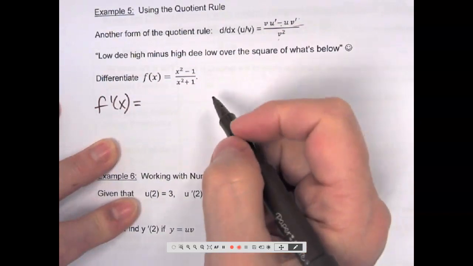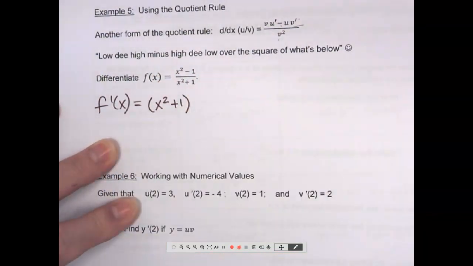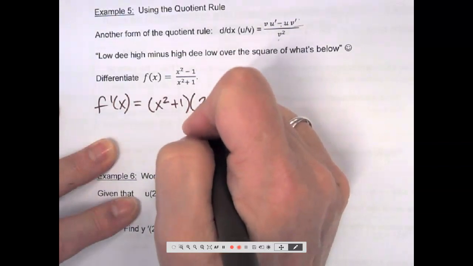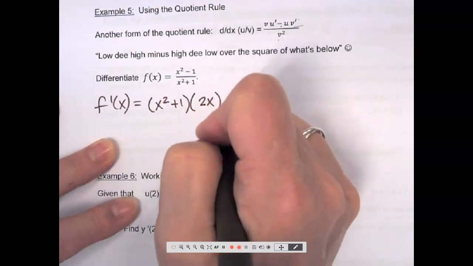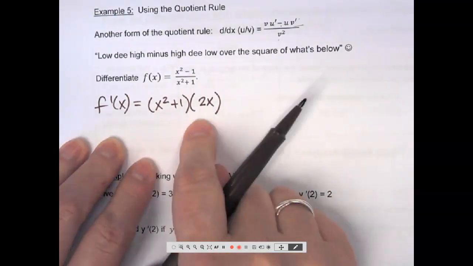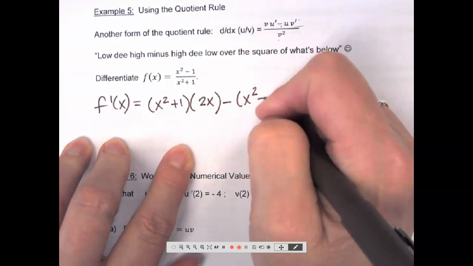Low means what's on the bottom. D high means derivative up top, which is 2x minus 0, so just 2x. That's low D high, minus high, x squared minus 1, which means what's on top.